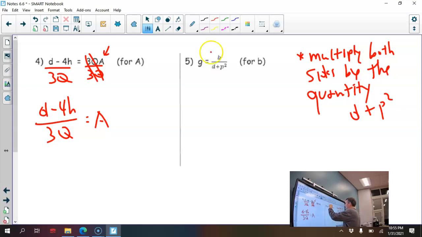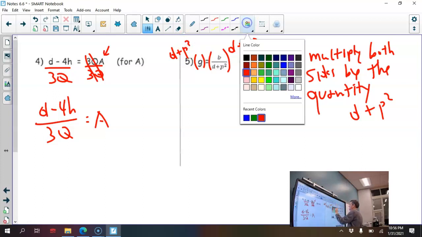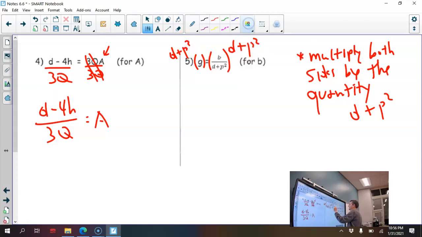So that might look like this. I'd be multiplying this side by d plus p squared, and I'd be multiplying this side by d plus p squared. And over here, it would just cancel out, right? It would cross cancel, and I would just get the b.